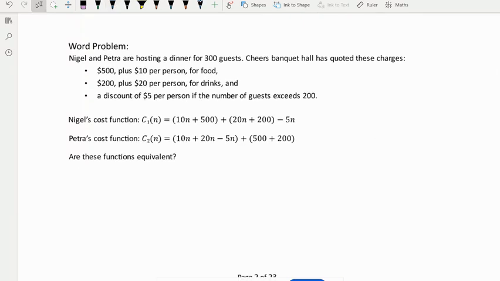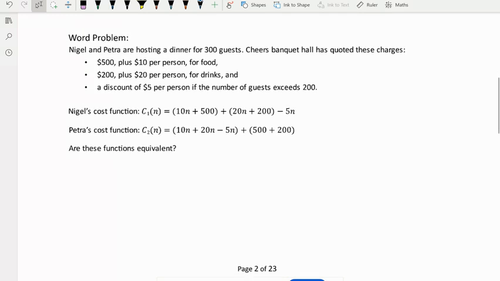Alright, let's look at a word problem together. Nigel and Petra are hosting a dinner for 300 guests. Cheers Banquet Hall has quoted these charges. So $500 plus $10 per person for food, $200 plus $20 per person for drinks, and a discount of $5 per person if the number of guests exceeds 200.